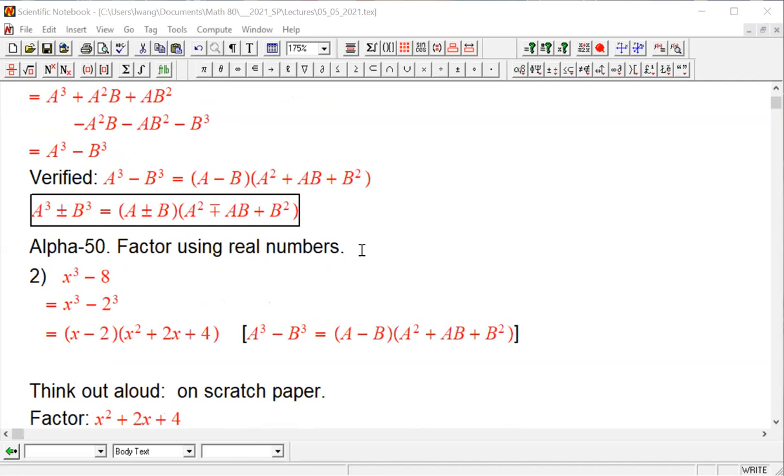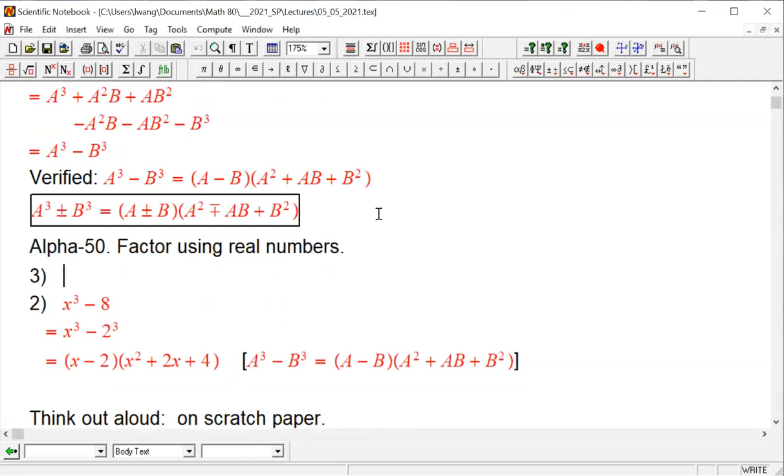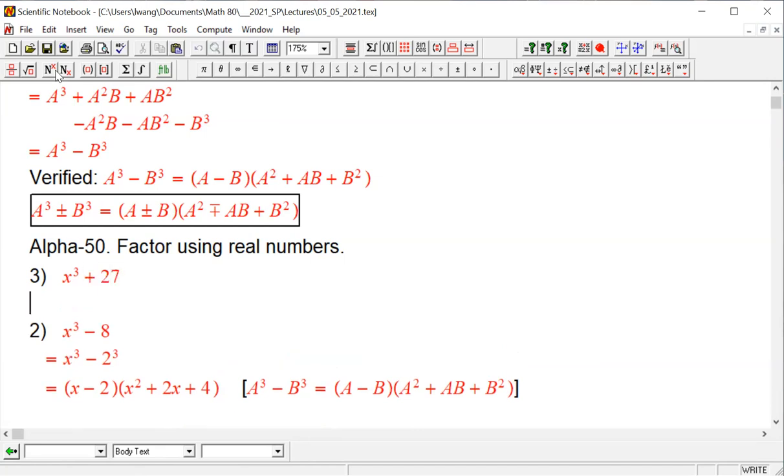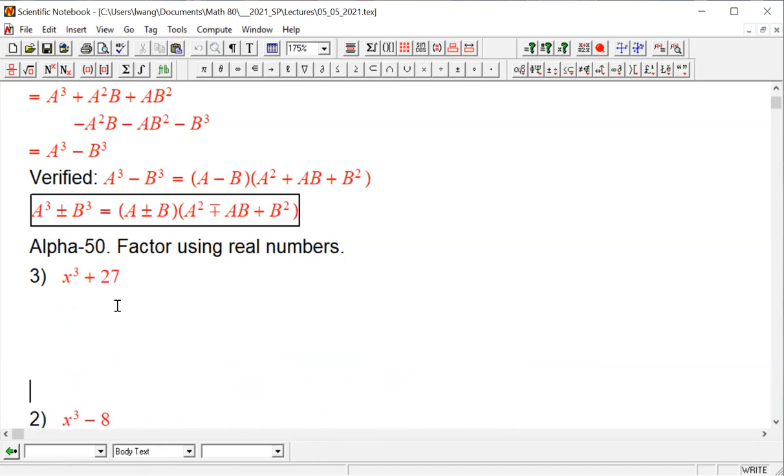Number 3. x raised to the power 3 plus 27. And what do we get here?